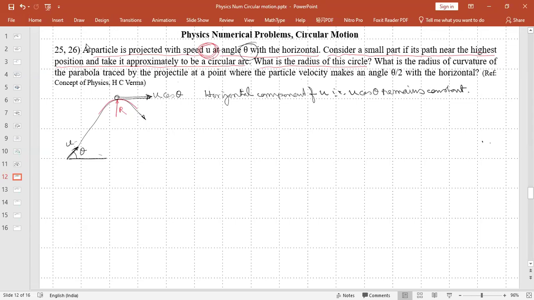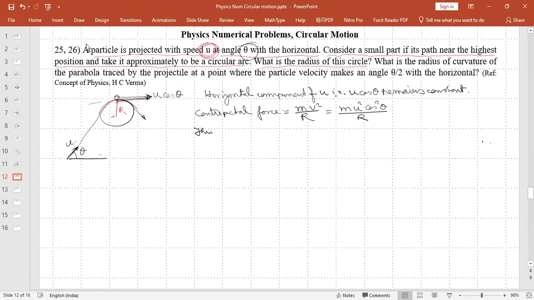So if you consider this as a circle with a tangential velocity u cos theta, what is the centripetal force? Centripetal force is equal to mv square by R, where R is the radius of the circle we have considered. This is equal to m u square cos square theta by R. Now, who provides this centripetal force?